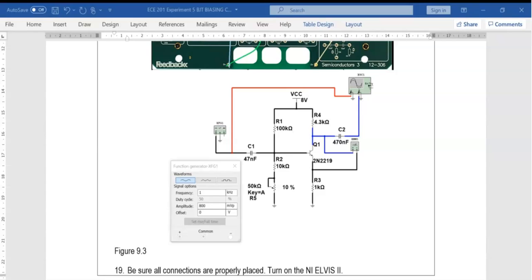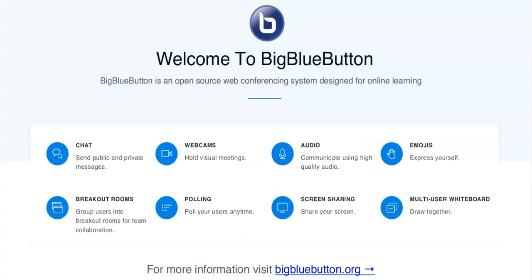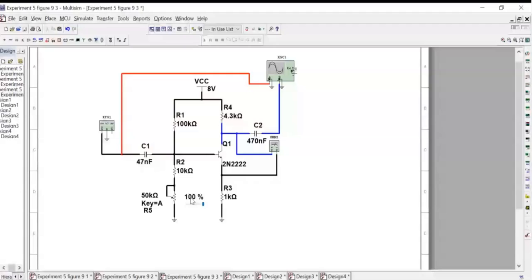Then we need to set, okay. So we have an additional 50 kilo ohm potentiometer. We have C1 470 nanofarad.